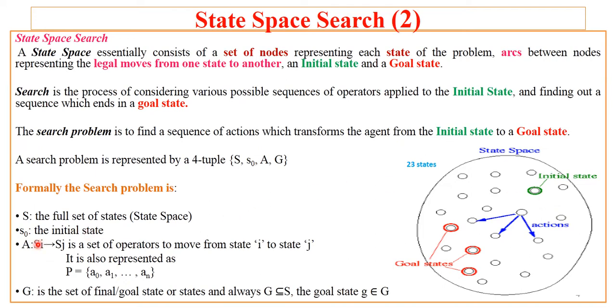Next is A. A is called an action. Action is nothing but a transition from one state to another state. Where I'm pointing now, you'll see three different arcs going from one circle to three different circles.